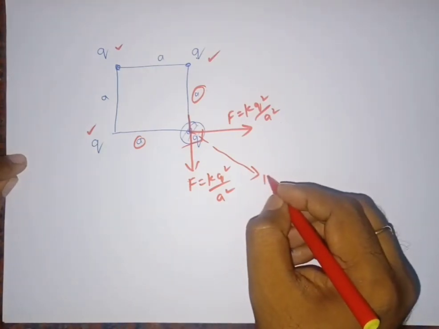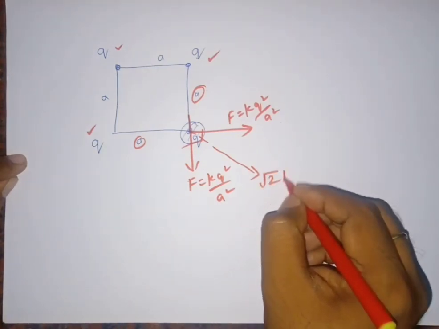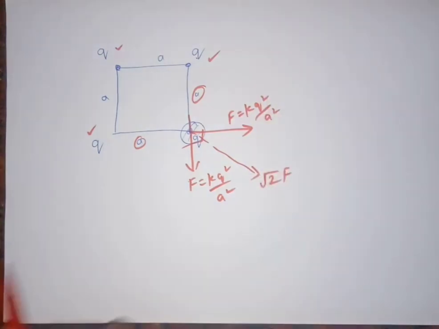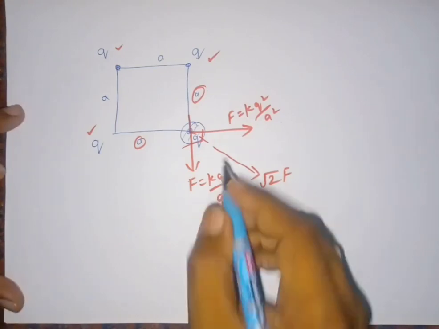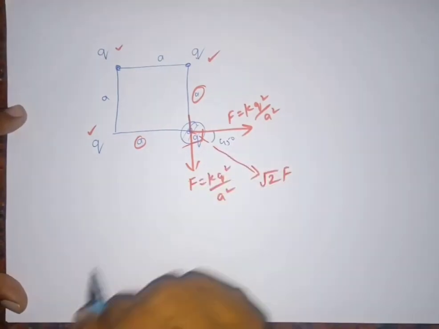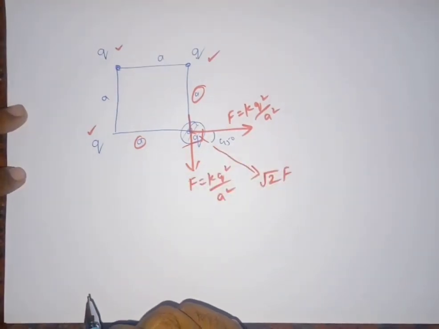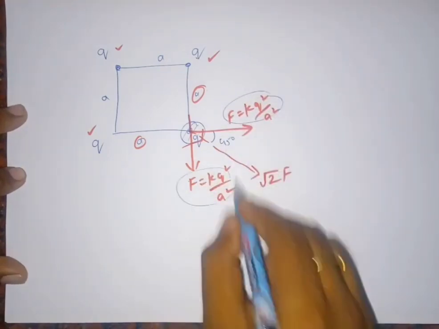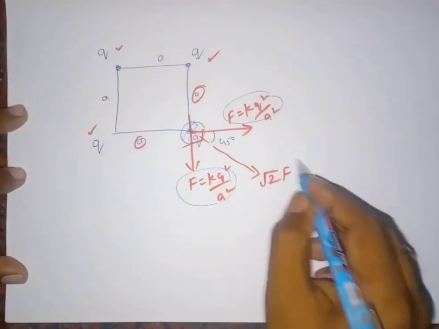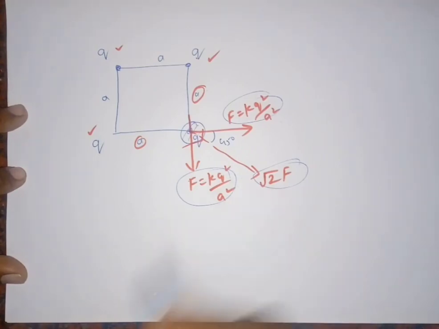The resultant force is going to be equal to root 2 F, and this force and this force are added, the resultant force is going to be root 2 F, and that is going to be exactly in between, at 45 degrees.